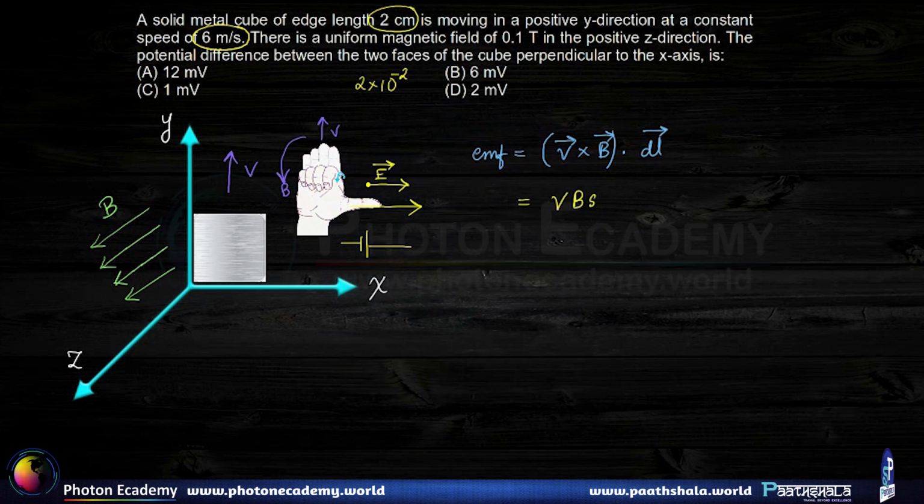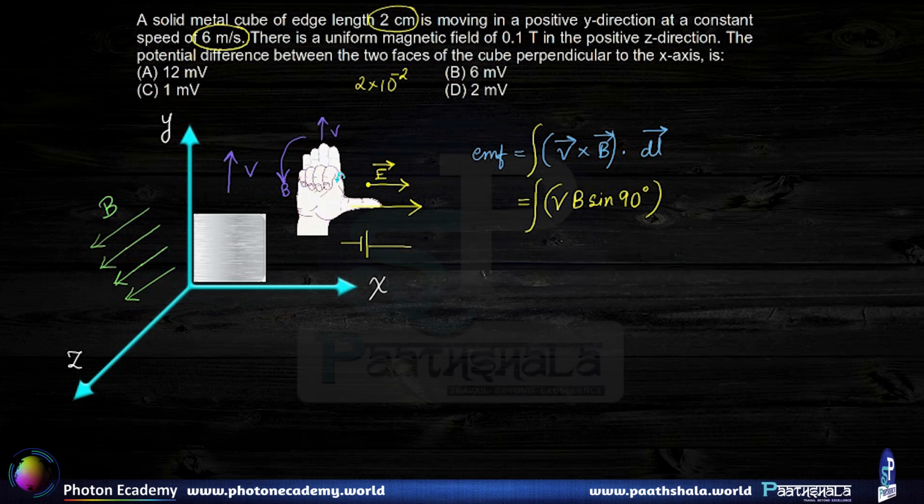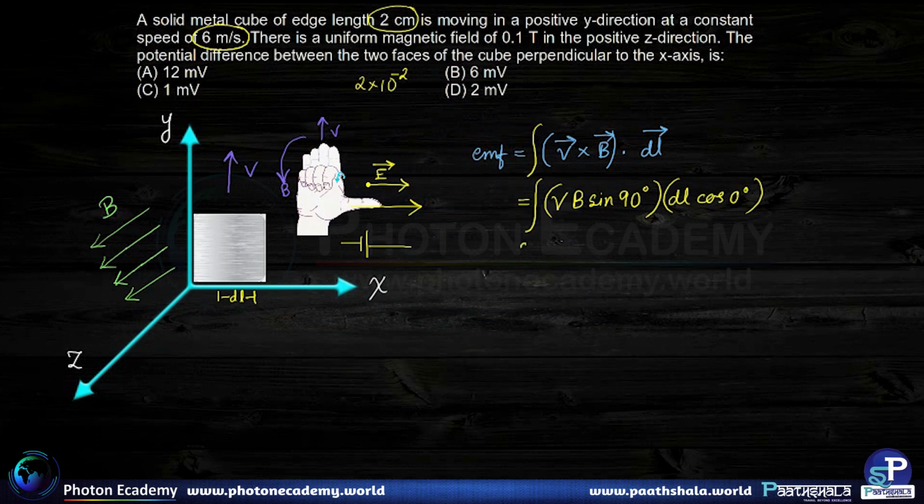Alright, and hence here we can write the EMF to be VB sine 90. This is constant. Alright, so for the net EMF we need to integrate this value of EMF. So this is integration of this, and now dl cos 0, because dl is nothing but a small distance along the x-axis. So this is simply dl, and we would actually need to integrate this from, let us say, 0 to the edge length of the cube, let's say a.